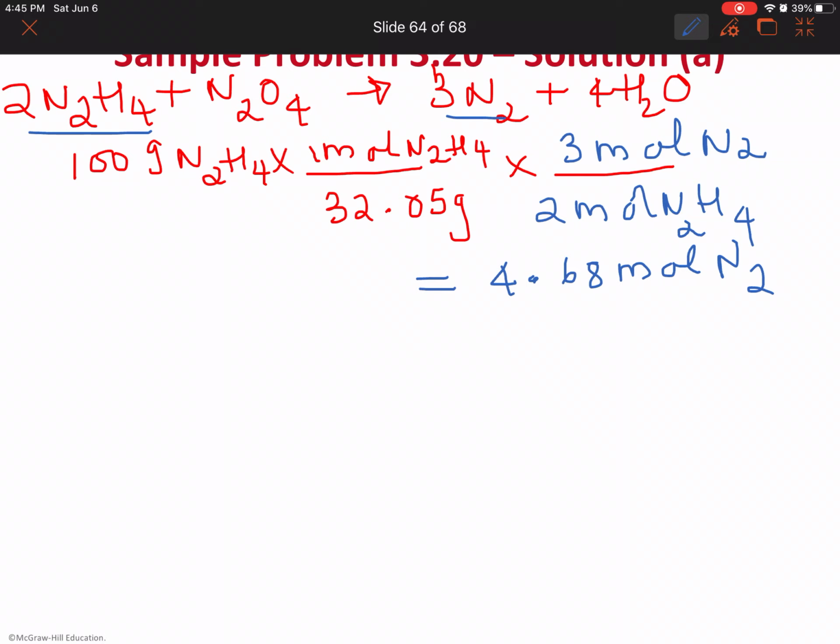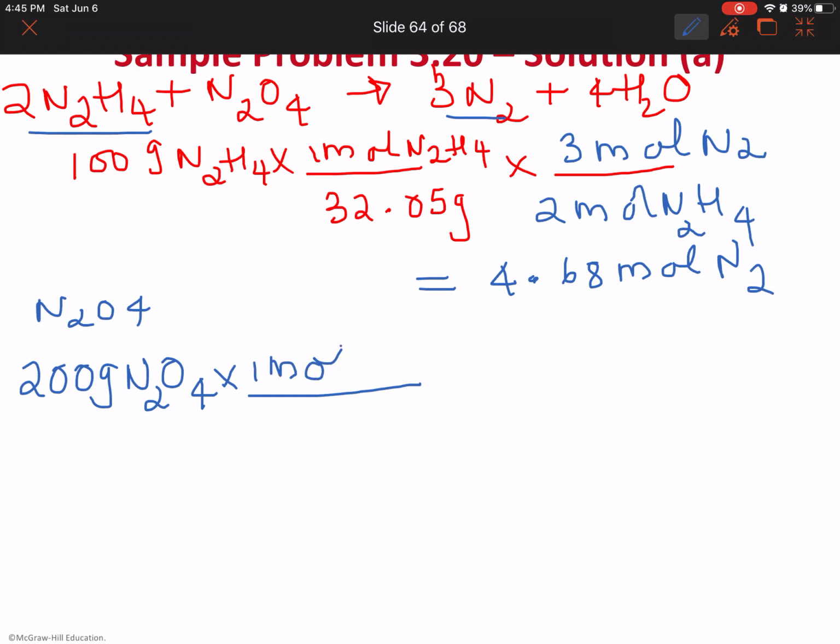And then similarly we can find out with the 200 grams of N2O4 what is the amount of nitrogen that we can form. So for N2O4 you start with 200 grams N2O4. Grams, first you need to convert to moles. 1 mole N2O4 is the molar mass of N2O4, which is 92.02 grams, and then the molar ratio N2O4 to nitrogen 1 to 3.